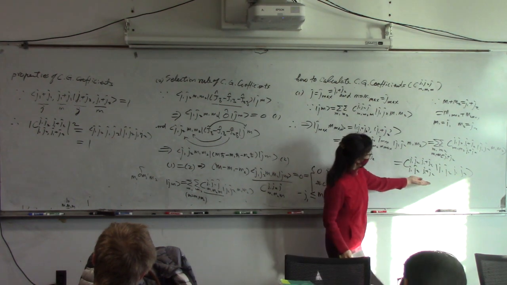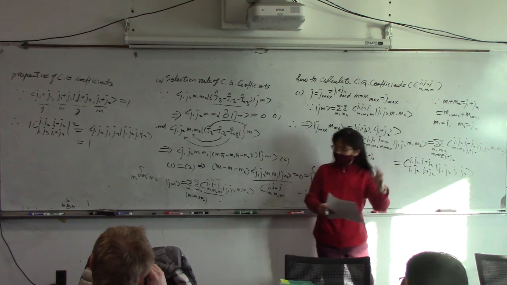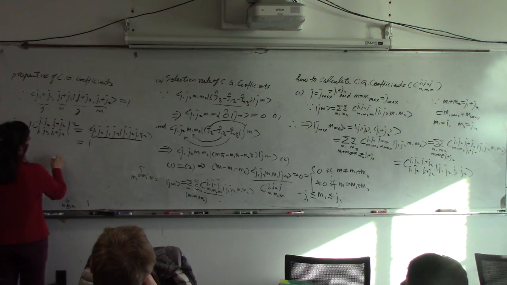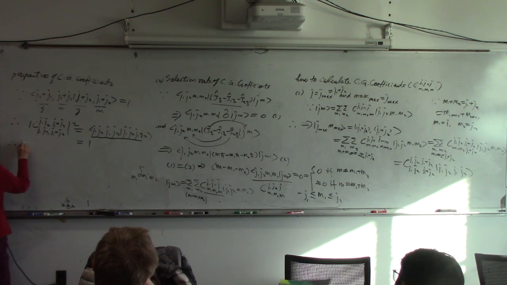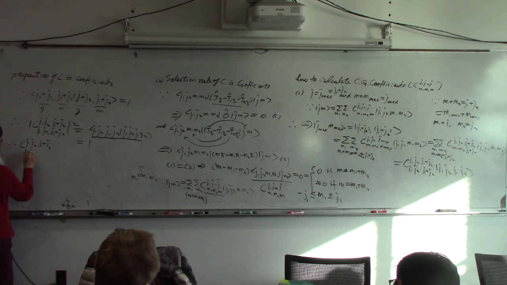This ket equals the coefficient multiplied by this ket, and then we do the inner product. This one is also normalized, equal to 1. So we have the Clebsch-Gordan coefficient for J maximum and M max value. That one is 1 coefficient.